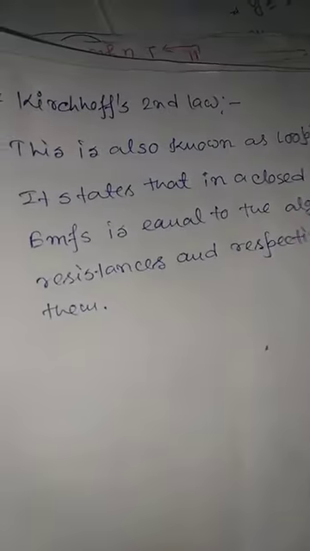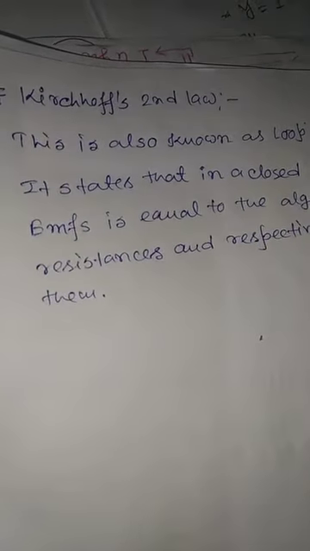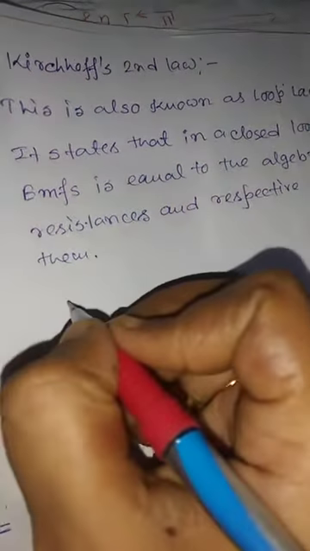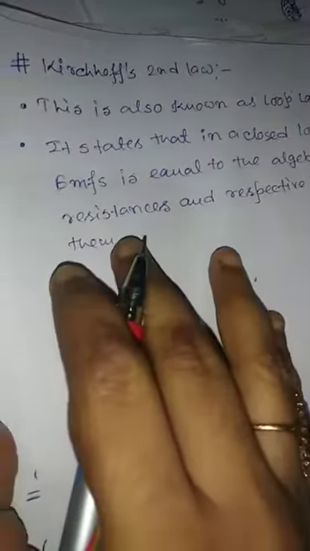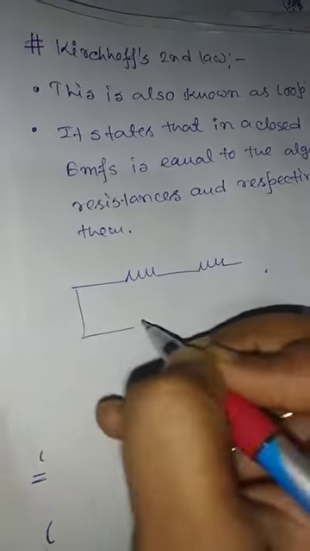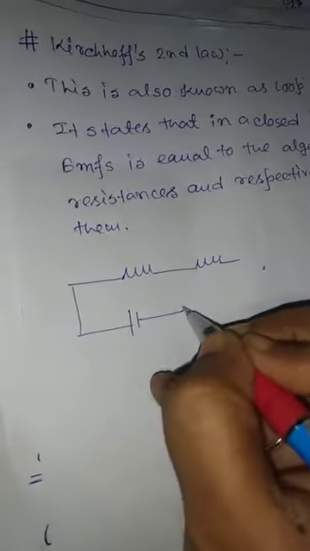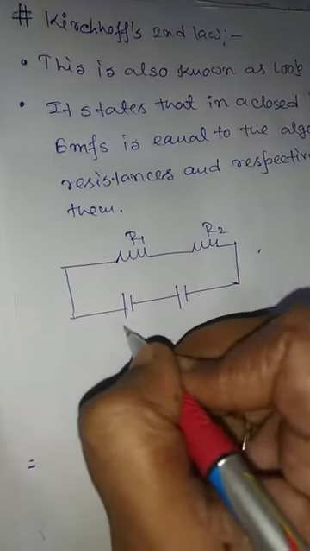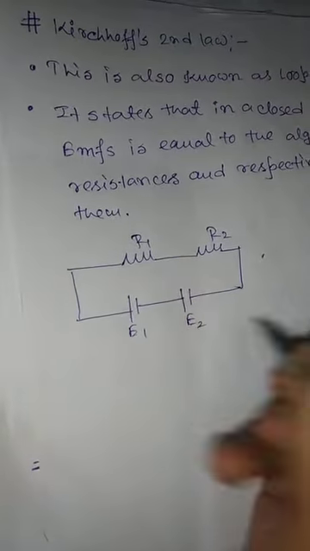Okay. So, if I consider a simple circuit whose EMFs are E1 and E2 and resistances are R1 and R2, suppose like this. This is R1, this is R2, this is E1, this is E2.